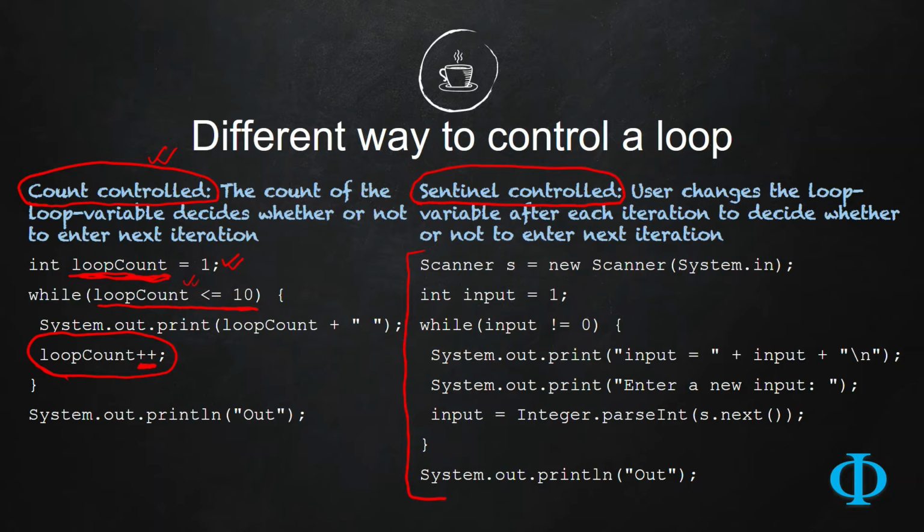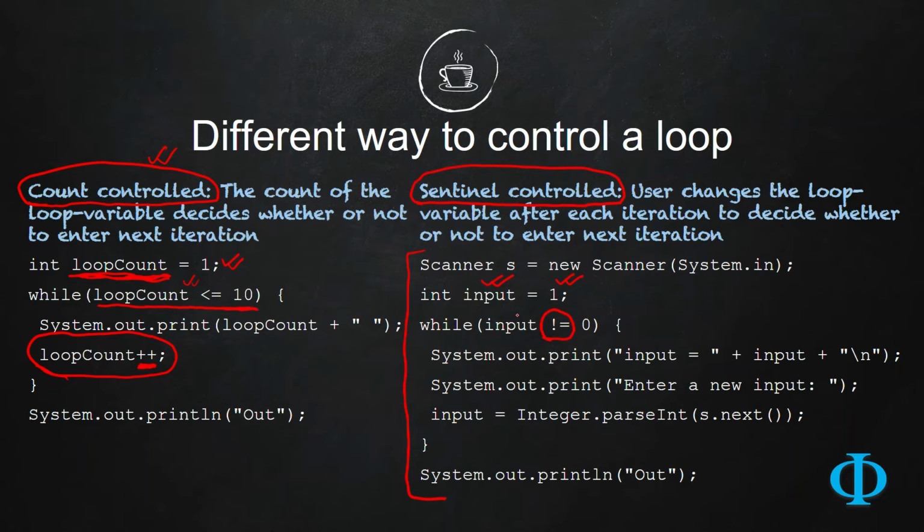So here, if you see the example, there is one loop control variable input. In this case, I have initialized it to number 1, just like our count control loop. Then in the while loop, instead of writing anything like less than or greater than, I have simply used this not equals.